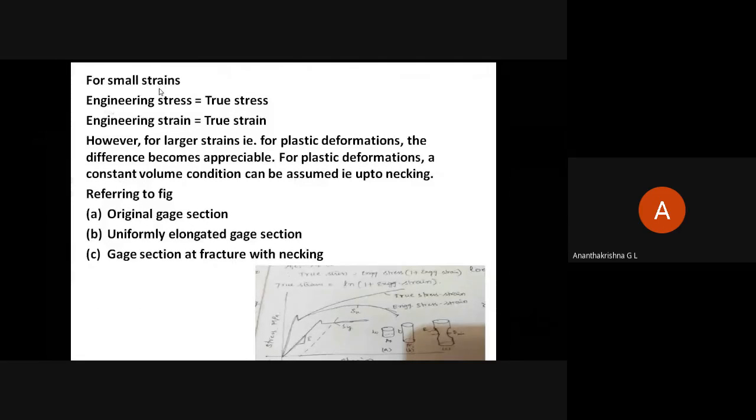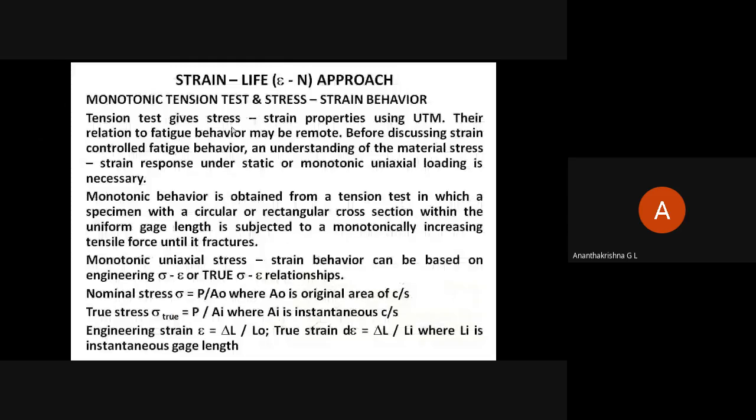Okay. Now, for small strains, we can take engineering stress to be equal to true stress. That is, P by A naught, we can take it as P by Ai, that is instantaneous area of cross section. Engineering strain, that is delta L by L naught, to be equal to true strain, delta L by Li, where Li is the instantaneous gauge length.